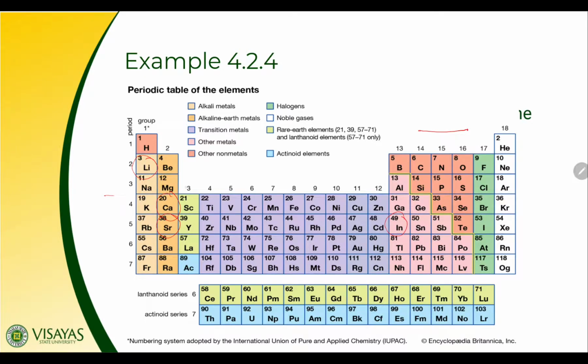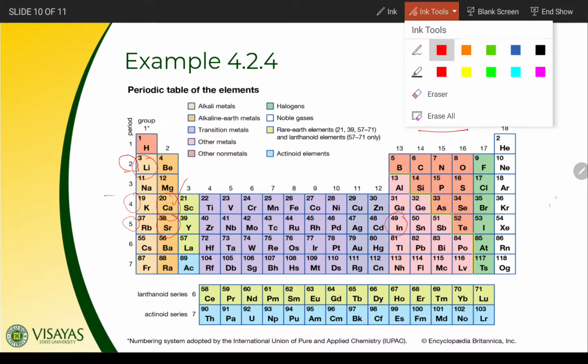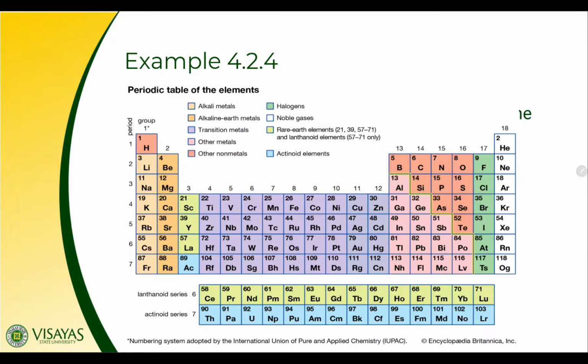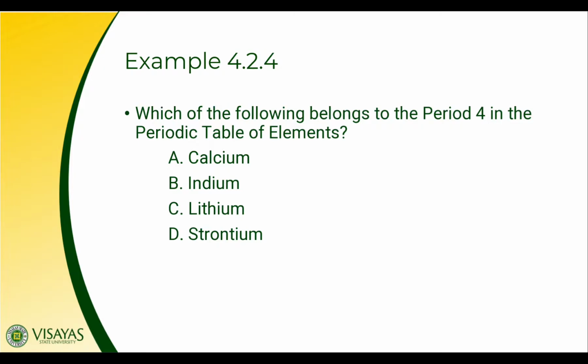Again, period is from left to right, the horizontal arrangement. Lithium is in period 2. Calcium is in period 4, while strontium and indium are in period 5. So the answer would be calcium. The answer is letter A, calcium.